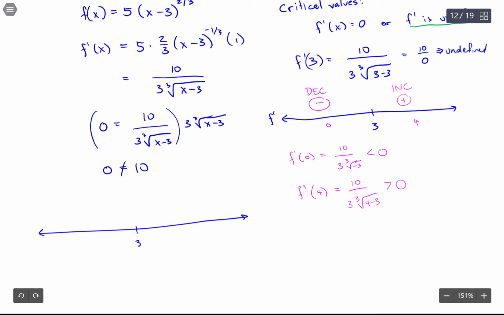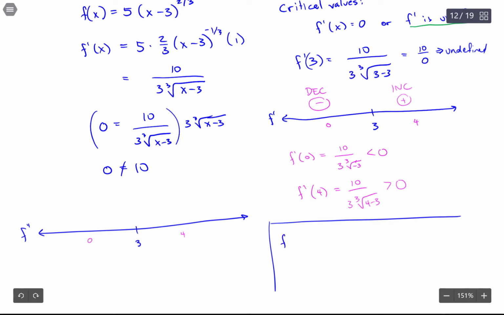We just now do it with the second derivative instead. So we pick test values again. So 0 and 4 are pretty decent ones here. We do need the second derivative though. So let's go off to the side and get that.